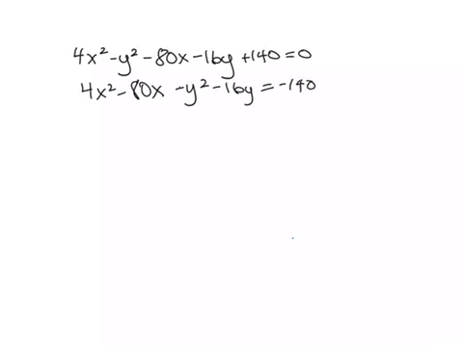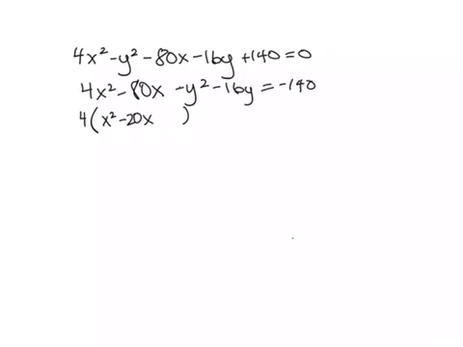so equals negative 140. Now remember, your rule for completing the square is that the leading coefficient has to be positive 1. So for the x's, I need to factor out a positive 4 in order to have that leading coefficient become positive 1. So that gives you x squared minus 20x, and make sure that you leave space for your constant term so that you can pick that here in a bit.